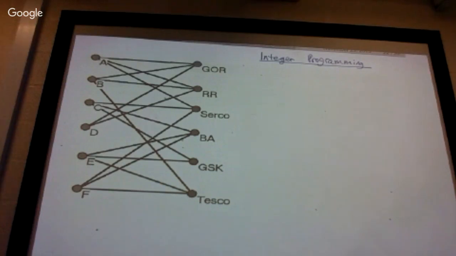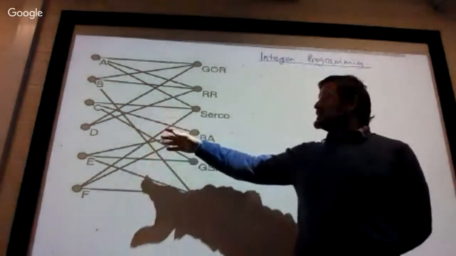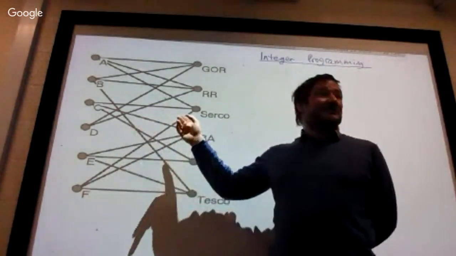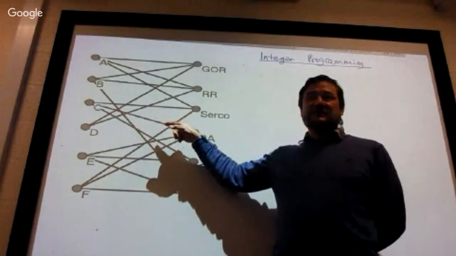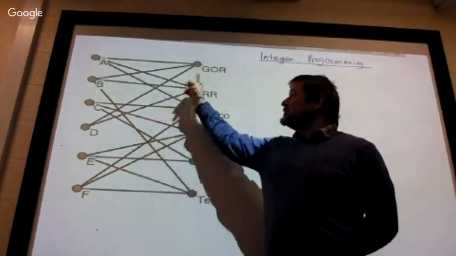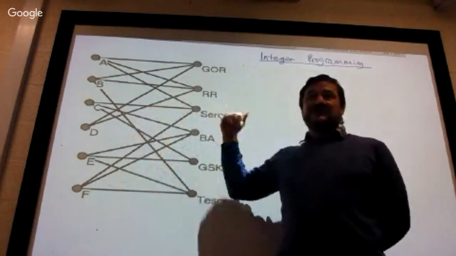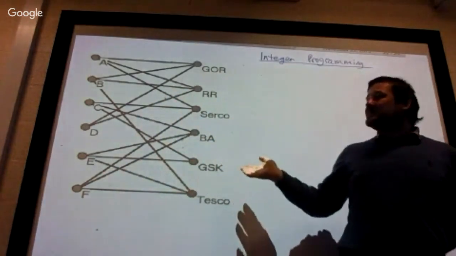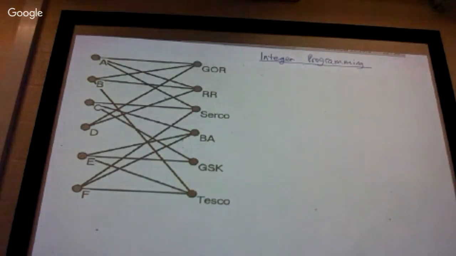I mean, it's pretty much the same. You could think of having all the edges there, then the ones that are actually not there, you would give a goodness of match of 0, whereas the ones that you do have there, you would give a 1, and then you can solve it using the previous formulation.